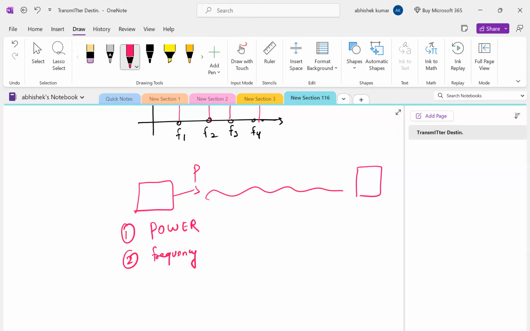So second is frequency. And the third important characteristic is minimum unwanted emission.